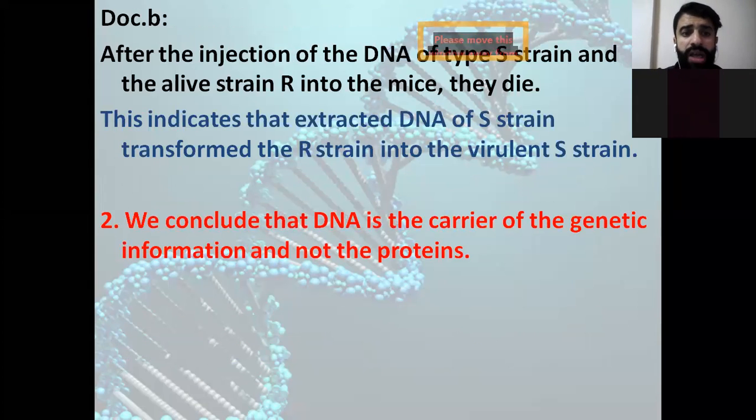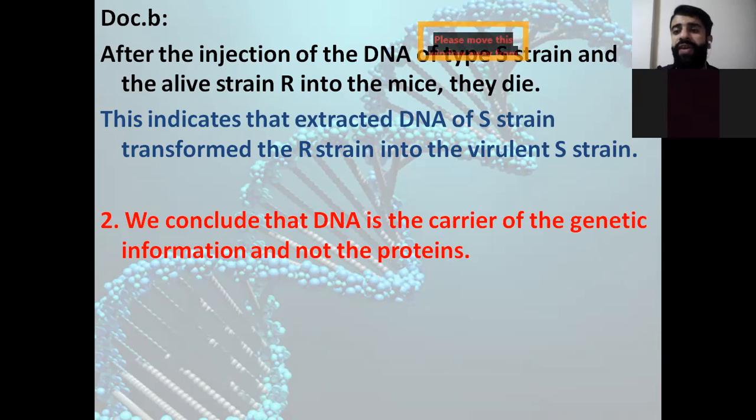Okay? Document B, after the injection of the DNA of type S strain and the live strain R into the mice, they die. S, we said, is the virulent that causes death, while R is the non-virulent that lacks the capsule. This indicates that the DNA extracted from the S strain transformed the R into the virulent S, and this will cause the death.